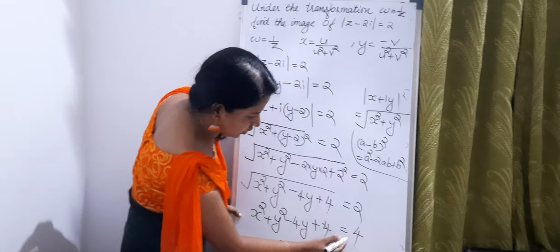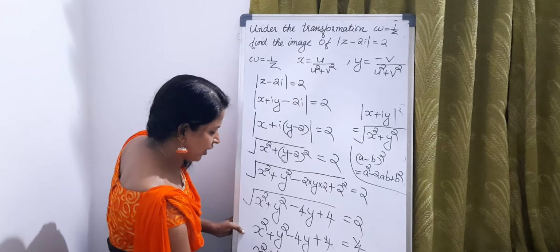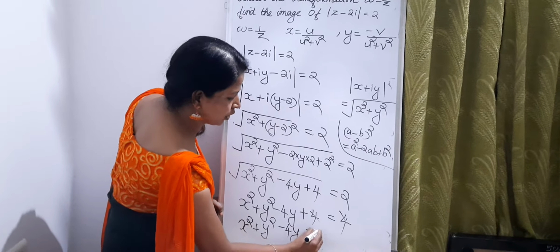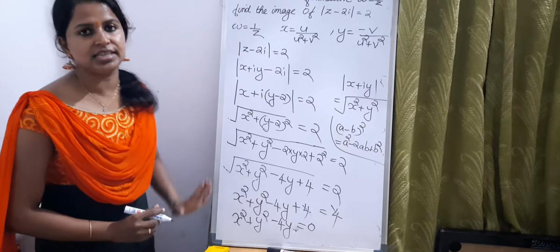So here 4, here 4. So we get x square plus y square minus 4y equal to 0, which is the equation in the Z plane.